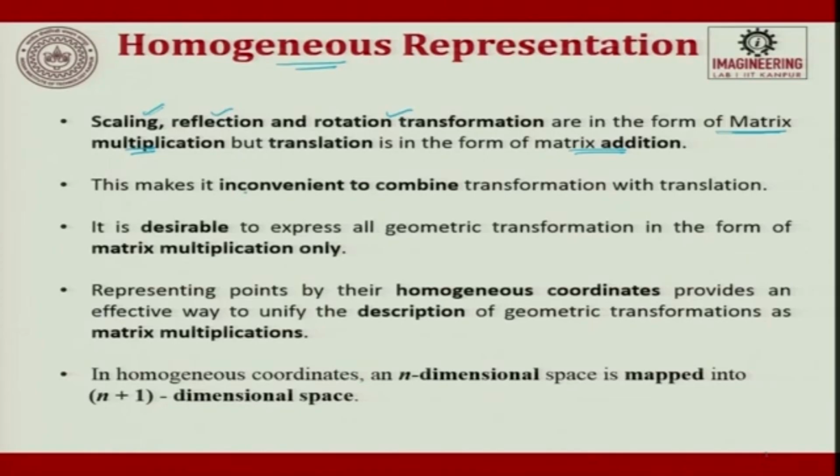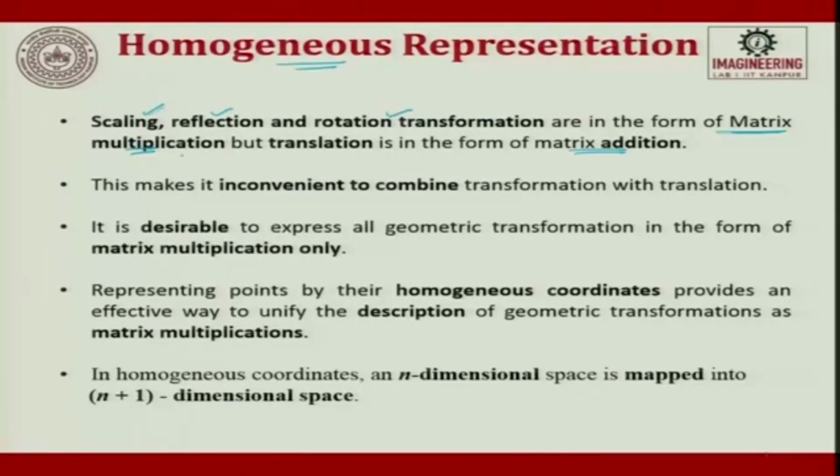It is inconvenient because many times you will be doing step by step operations. When you do that in the next topic, concatenation, it becomes extremely difficult to solve mathematically. So mixing multiplication and addition makes it inconvenient to combine transformations with translation.